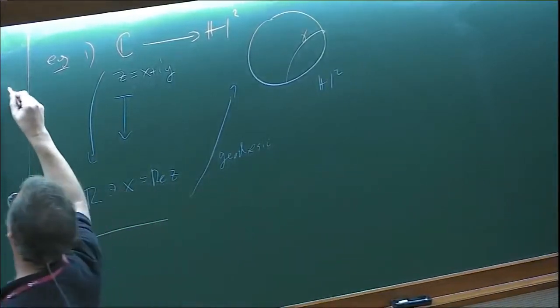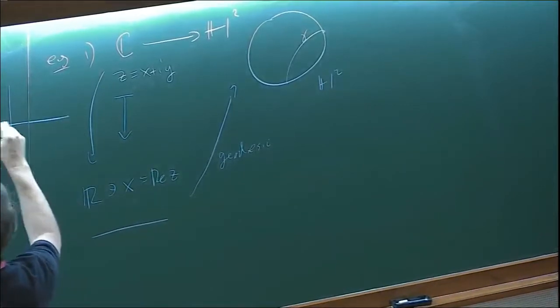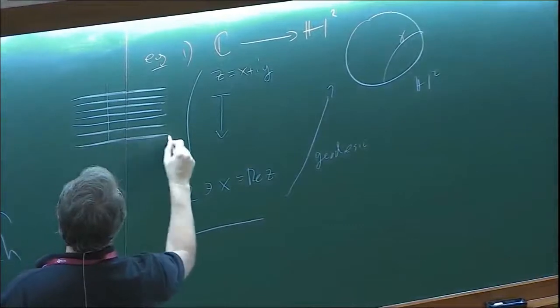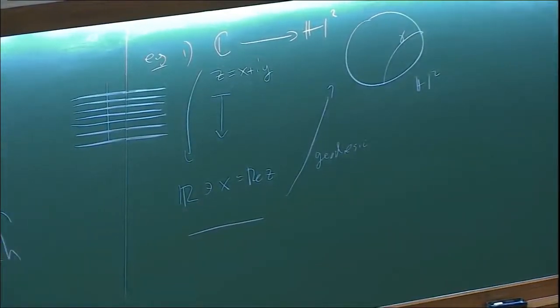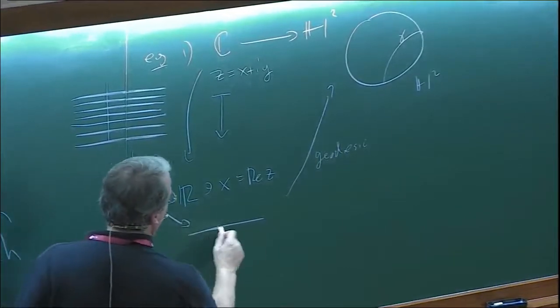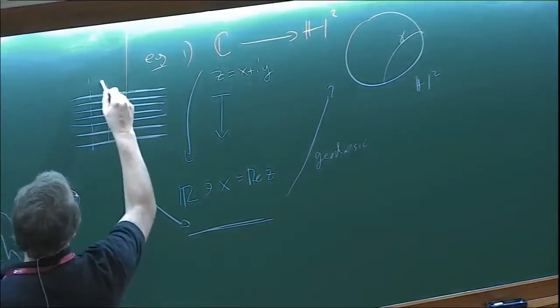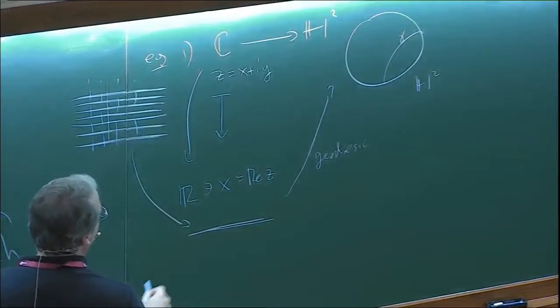Let's draw the complex plane one more time, and you can see what's happening. I have all of the lines y equals constant. They are all getting mapped directly onto the real line R, whereby x plus iy goes to x, and all of the vertical directions are getting crushed.